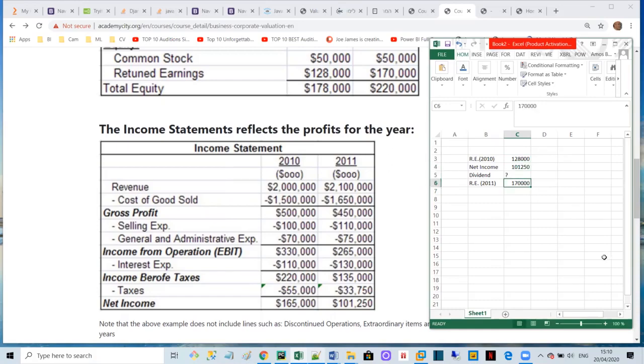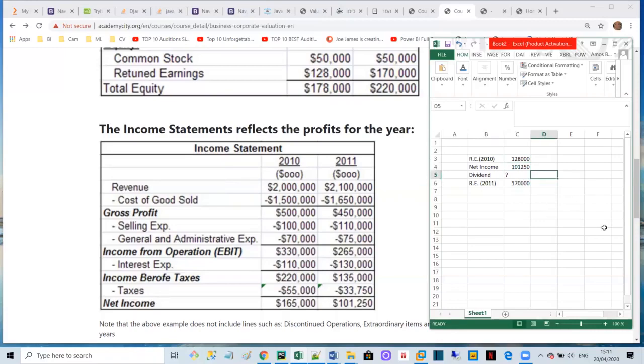Correct? Correct. Okay, so if I go backward now, I see this plus this minus this equal to this one. So I can take this plus this minus this will give me this one.